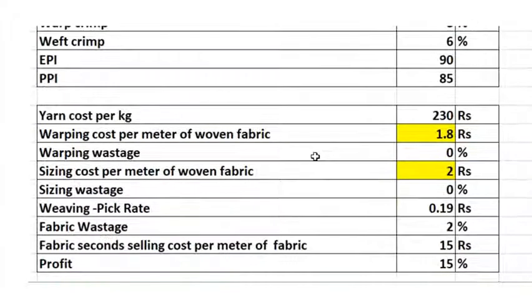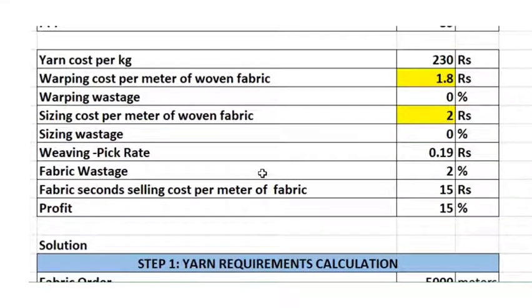So next, the cost and the waste details are given. The yarn cost, both warp and weft yarn, is totally 230 rupees. The warping cost per meter of woven fabric is 1.8. The warping wastage is 0. The sizing cost per meter is 2 rupees. The sizing cost is given in terms of the woven fabric at the final stage.